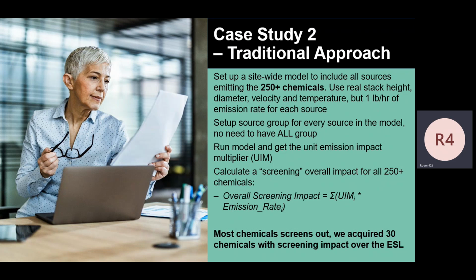Like at this source, if I emit 1 pound per hour, what is my impact? And then you basically add everything up. That's called the screening step. If this stack is 2 pounds, it is 2 times your 1 pound per hour impact, plus all the other sources doing the same exercise. Add them up, and compare to the standard, not standard, guideline, ESL.